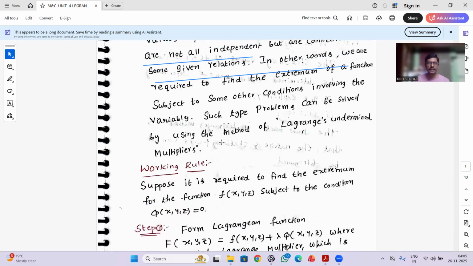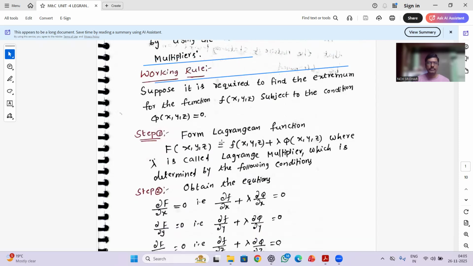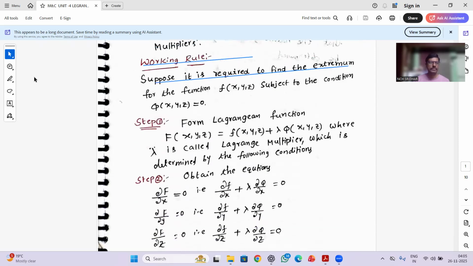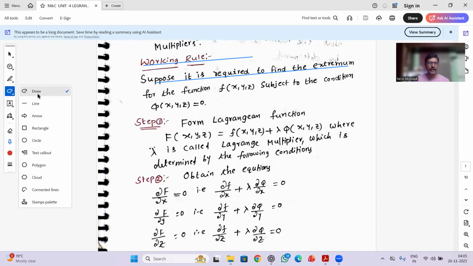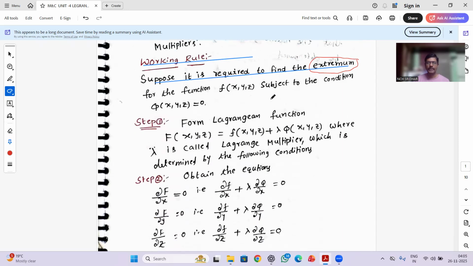See, students, here working rule is suppose it is required to find the extremum values. Extremum is nothing but maximum and minimum values. This is very important. So what are the extremum values? Extremum values are nothing but maximum or minimum.